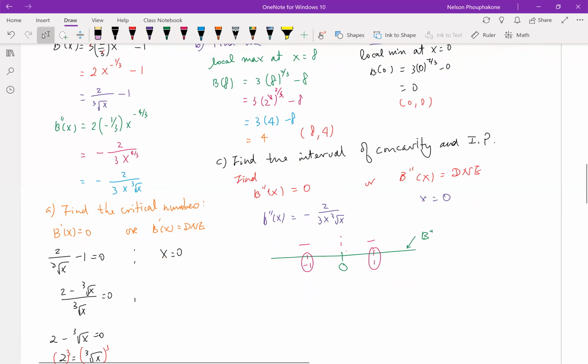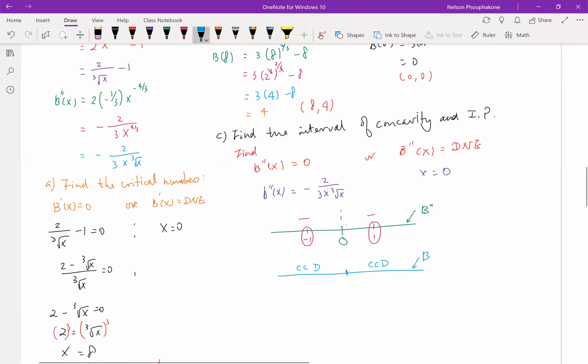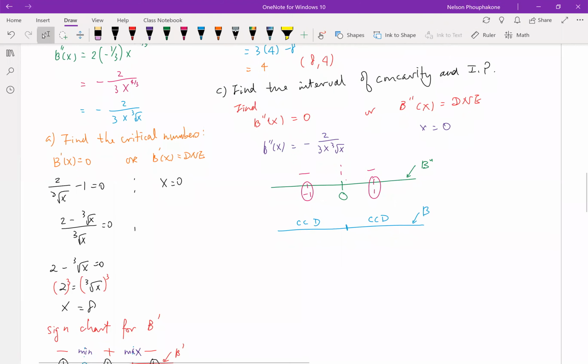Now remember, the second derivative compared to the original function: if it's negative, meaning concave down, and if it's positive, meaning concave up. Because we didn't change the sign, in this case we do not have any inflection point for this graph.